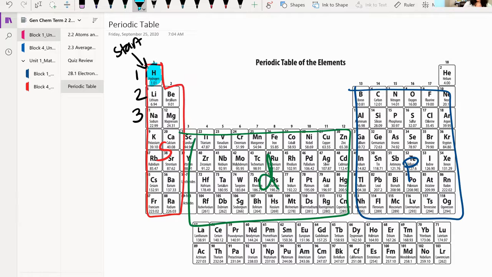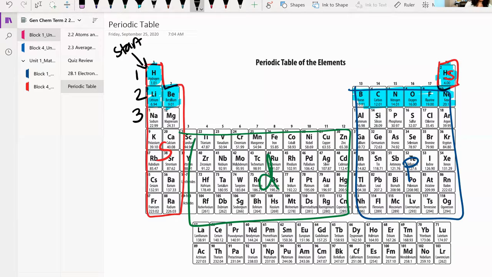That's 1s. I move over to where helium is. That is also S. After that, we go to lithium. We go to beryllium. Then we go to boron, carbon, all of these guys here through neon.